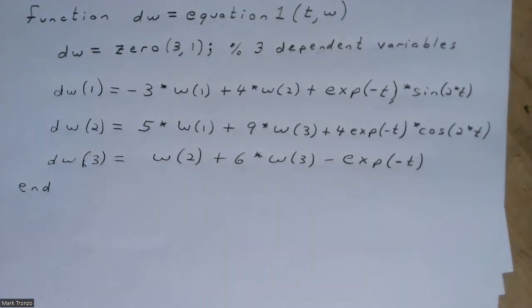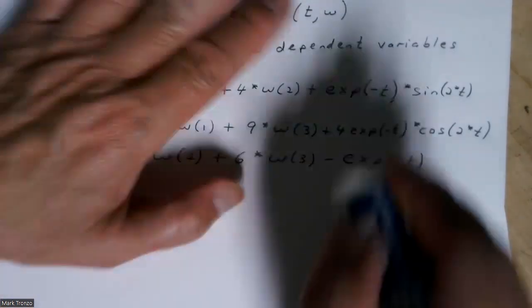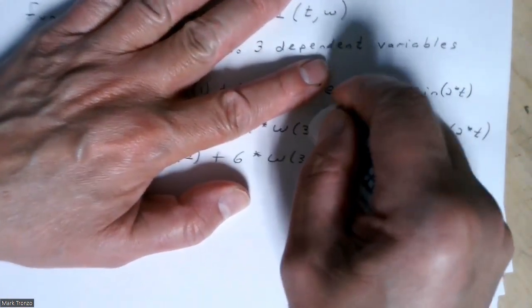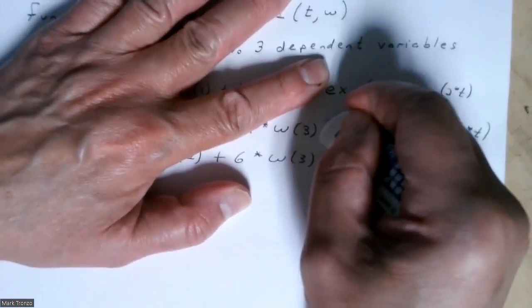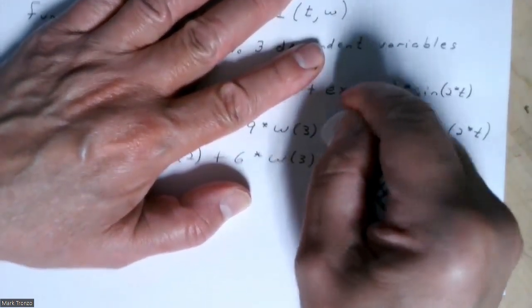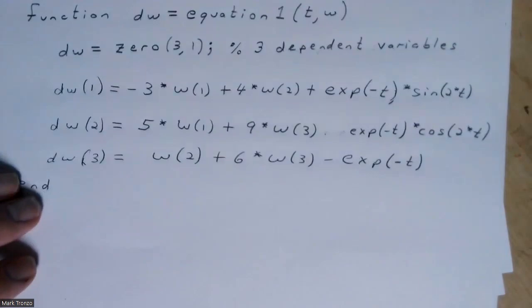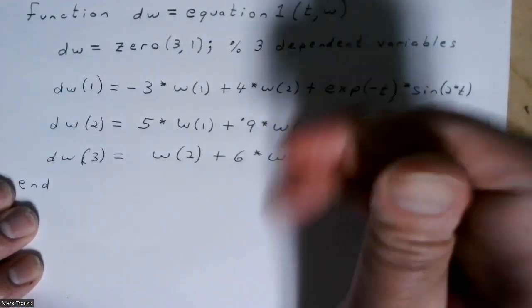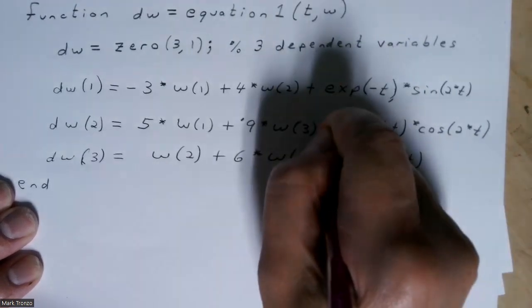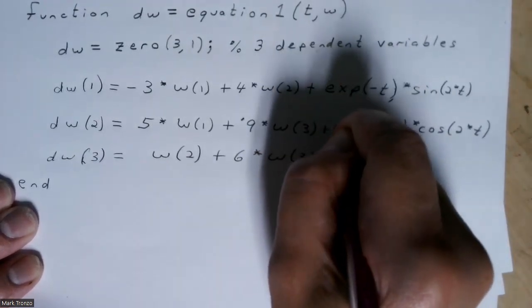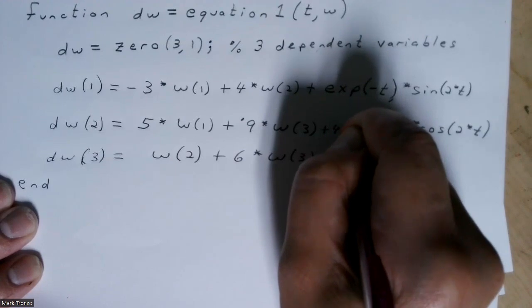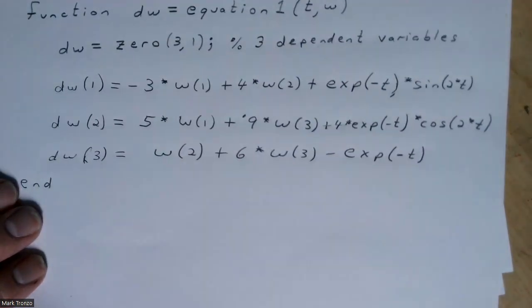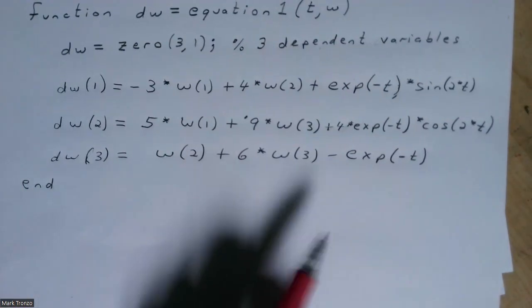Oh, by the way, did you notice I forgot my star over here? This should be 4 star exp. We always have to put a star in MATLAB between anything that we're multiplying.